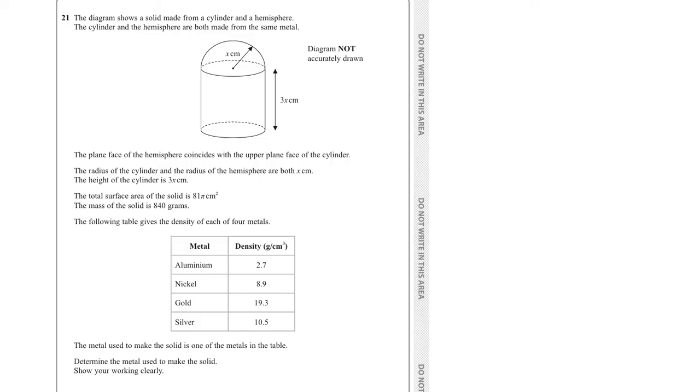Yeah, density equals mass over volume, right? So, density equals mass over volume. Do we have the mass? Yes, we have the mass. Do we have the volume? No, but we can get it, right?